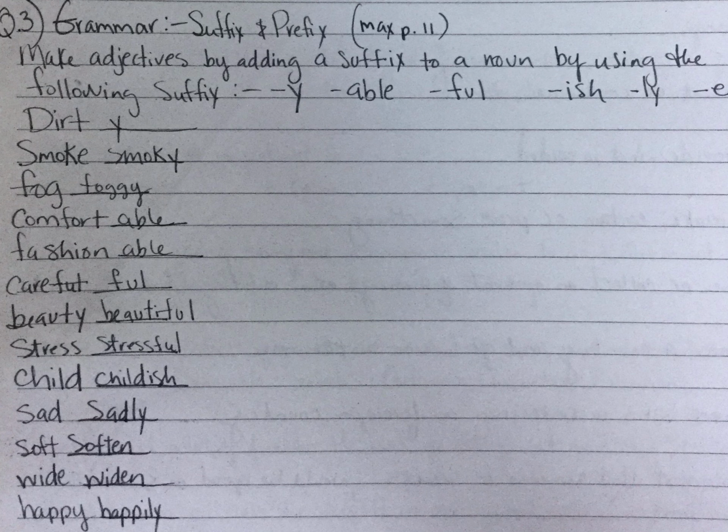Fog, like we said, there's a consonant and then we have a vowel, so we doubled the G and added Y. Comfort becomes comfortable, fashion becomes fashionable, care becomes careful, beauty becomes beautiful, stress, stressful, child, childish, sad, sadly, soft, softly, and happy, happily. We removed the Y and we added ILY.